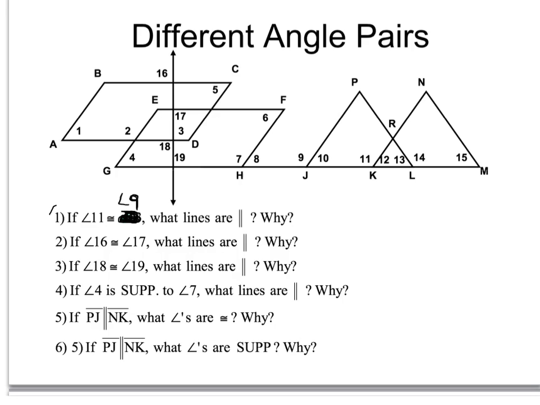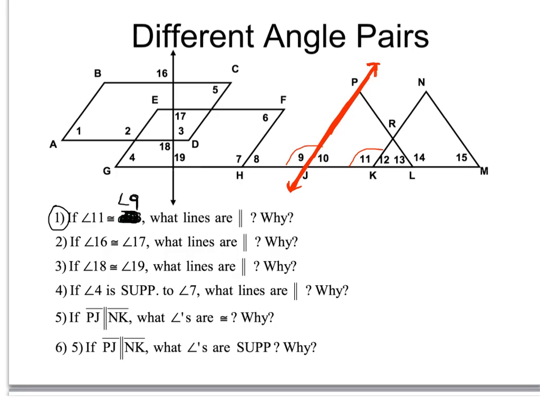Now, question number 1. If angle 9 and angle 11 are congruent, what lines are parallel? Now, the one thing that I always like to do, I like to take those two angles and I really like to highlight the two lines that look as if they are parallel.